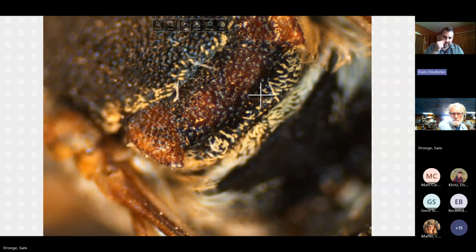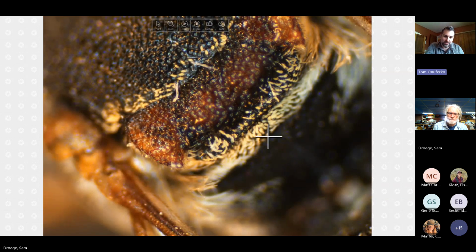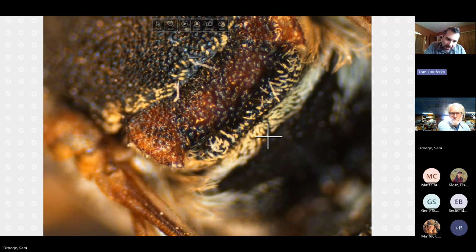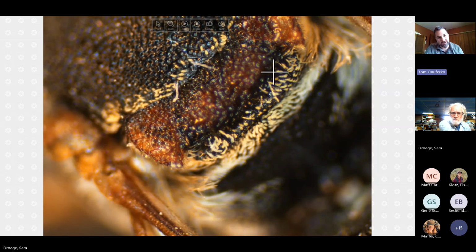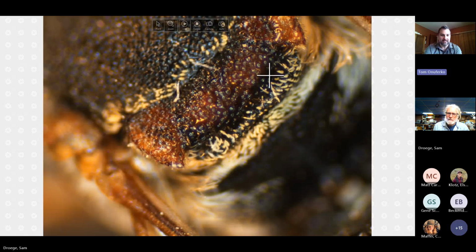So match it up to how it's shown in the image when you're using the key. But in this species, they're so big that you can even see that it goes past a sort of ridge on the horizontal dorsal portion of the scutellum, exactly where Sam's cursor is pointing. Even in that view, they extend past it.